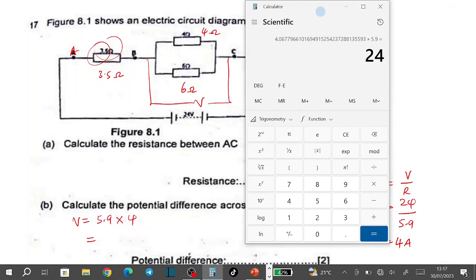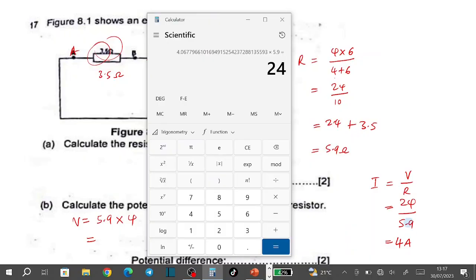So total current, I found it to be voltage divided by, 24 over 5.9.